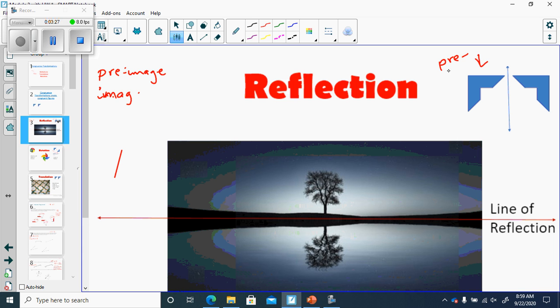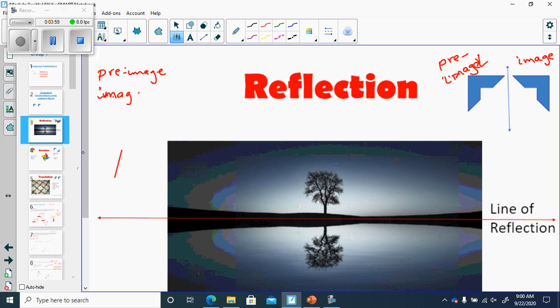It's what I started with. And this would be my image. This is what I created. A pre-image and an image are going to be exactly the same size and shape if you have a congruence transformation, like a reflection. Pre means before. It's the one you start with. And this is called your line of reflection.